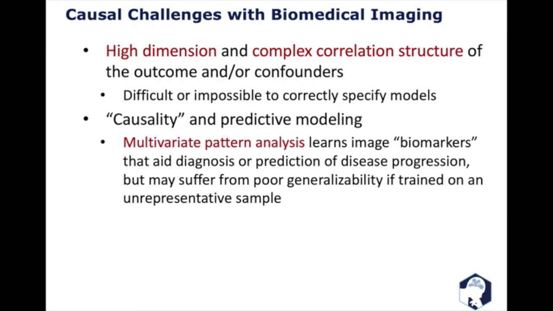And this is highly related to the idea of confounding, because if we take our trained model and try to apply it to a population where maybe the distribution of certain factors like age and sex and so forth are different than what we trained the model on, we can end up with poor performance of our image-based biomarker.